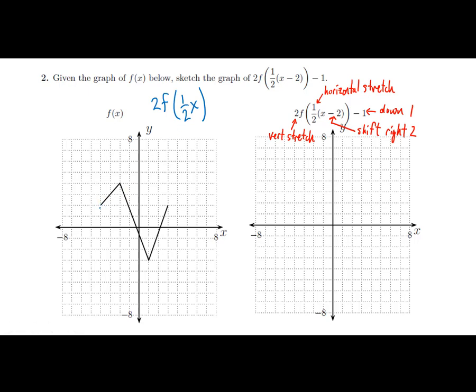So this point here was the point -4, 2. So I'm going to double both those numbers. So double that to 4, double that to -8. So now I'm at -8, 4. This point here was -2, 4. And so we will double the 4 to 8 and double the -2 to -4.